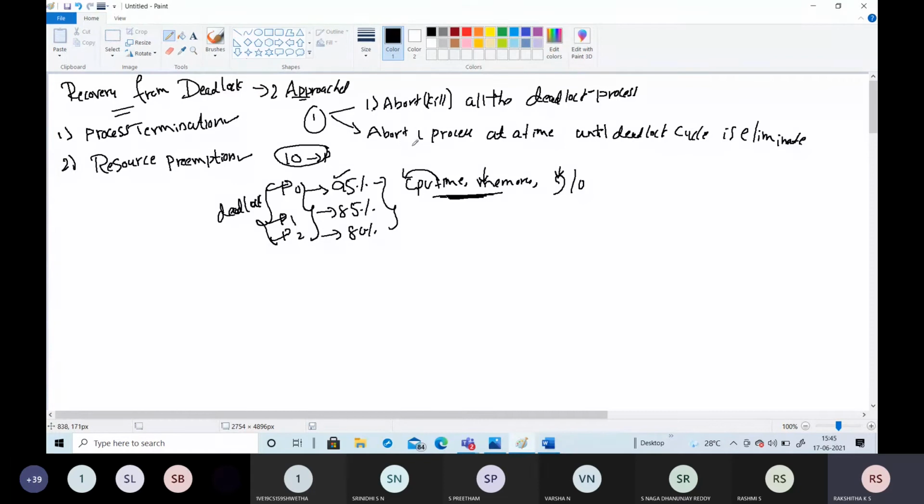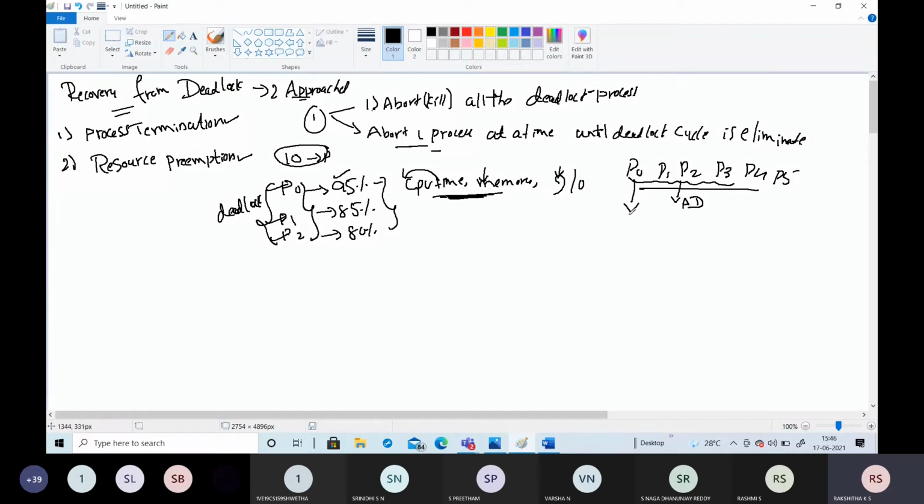And in the second, abort one process at a time until the deadlock cycle is eliminated. Here it says to abort only one process. For example, P0, P1, P2, P3, P4, P5, where P0 up to P3 are affected by the deadlock. Now I have to kill one process.